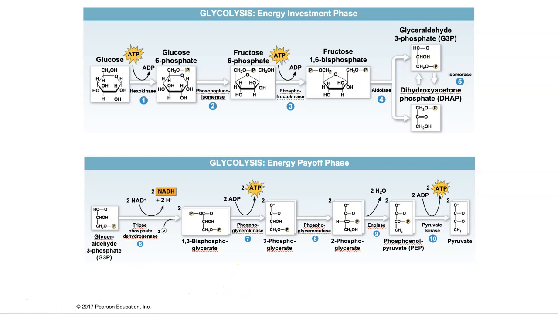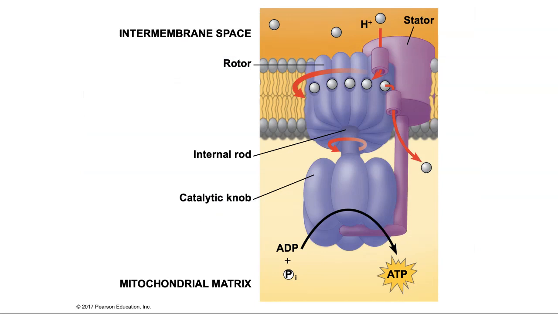The same exact thing happened in oxidative phosphorylation with the enzyme ATP synthase, which is here. To make ATP, you take an ADP and you add a phosphate group onto it. This is phosphorylation. Adding a phosphate onto something is called phosphorylation.